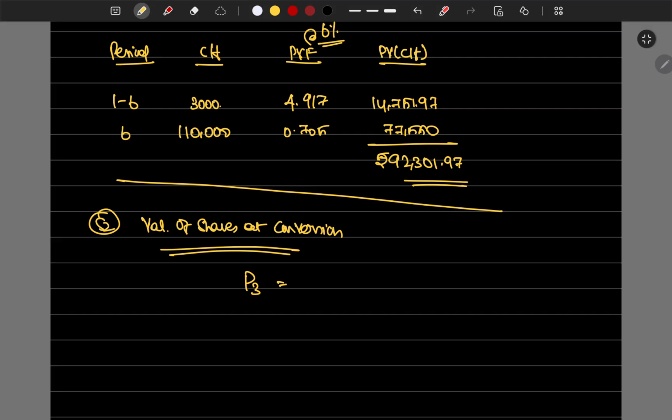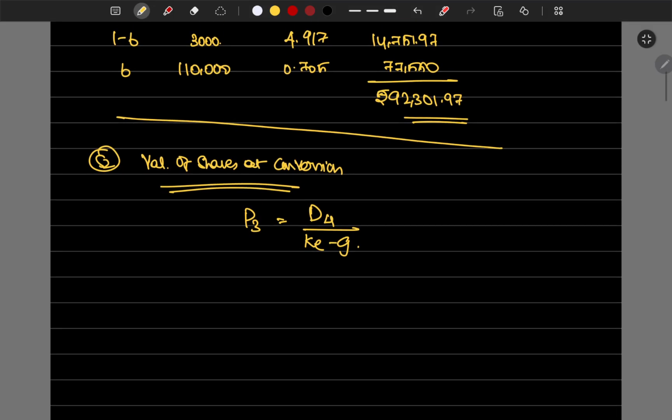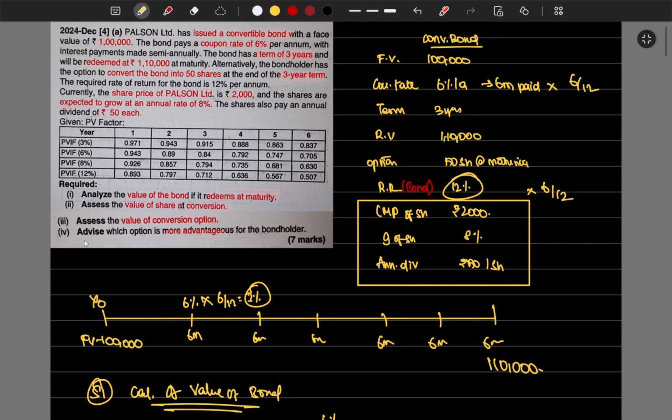So the formula is P3 = D4 divided by KE minus G. We are going to use this to find P3, the price of the share at maturity. In this question they have given only the required rate of the bond.